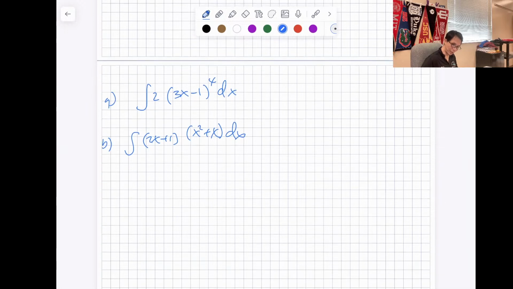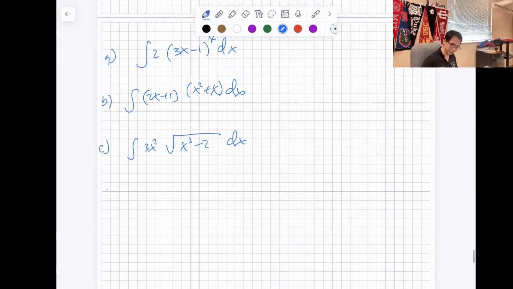A, B, C: integration of 3x squared times the square root of x cubed minus 2 dx. D: negative 4x over 1 minus 2x squared dx.